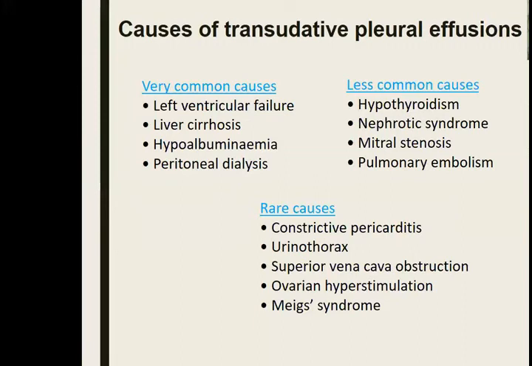Less commonly, hypothyroidism, nephrotic syndrome, mitral stenosis, pulmonary embolism. Rare causes: constrictive pericarditis, urinothorax, which I have just described, because urine is always a transudate, superior vena cava obstruction, ovarian hyperstimulation syndrome, Meigs syndrome. These are all causes of transudative effusion.